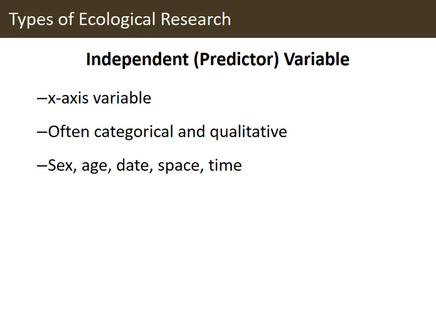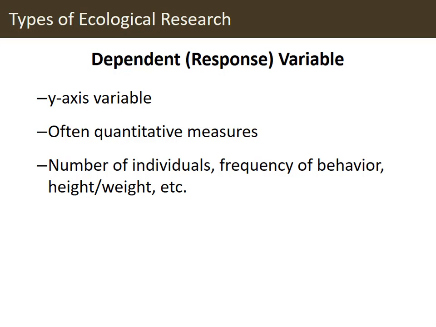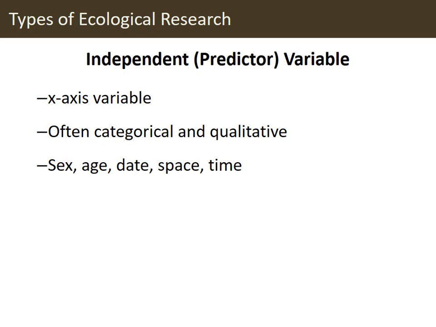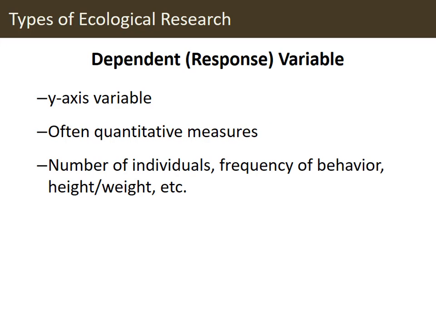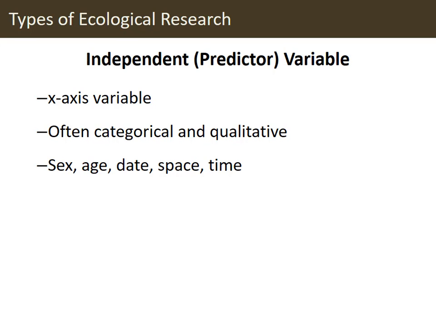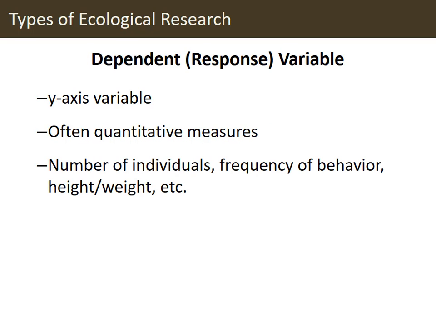You can think the same way with the predictor and the response. How many bears do I have in response to which site I'm at? The predictor predicts the response. The independent variable is related to the dependent variable, which varies based on site or time or space. Does that make sense? Okay.